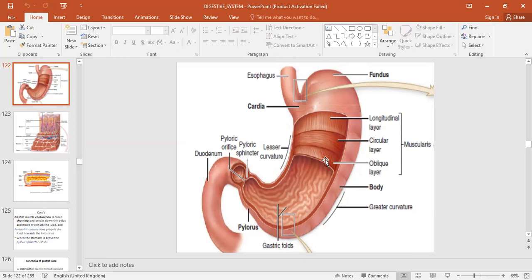Otherwise, the rest of the digestive system, when peristalsis is occurring, is just pushing substance towards the next phase. But here, there's mixing. So that process is known as churning. And churning is considered also as mechanical digestion.